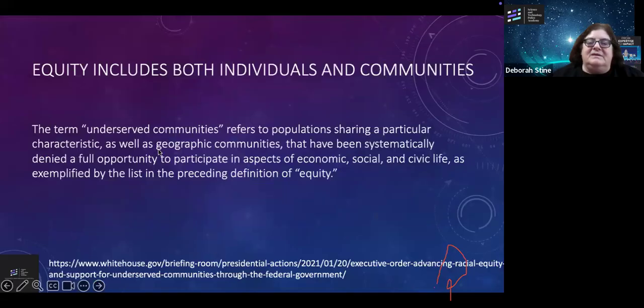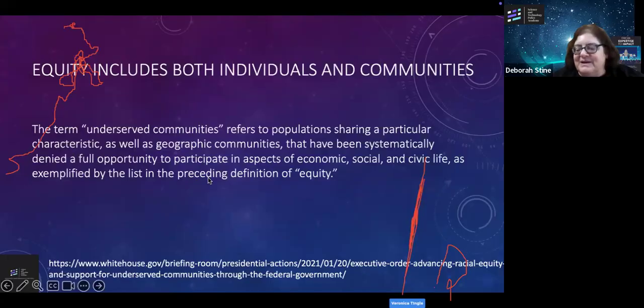And when we go down here to what it means, when we're looking at underserved communities, it's important to understand that it's both individuals and communities. In other words, it might not just be a geographic community, like a city, but it could also be people who are from, say, one of those groups of one kind or another.